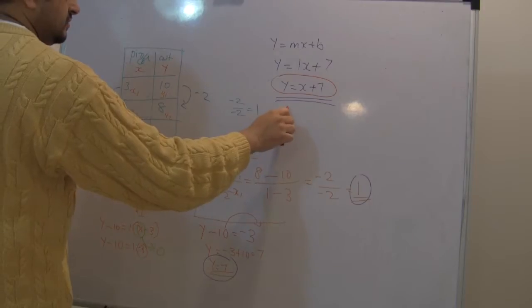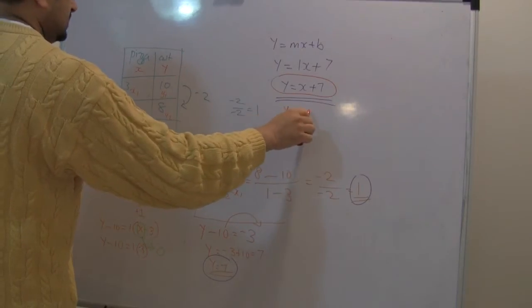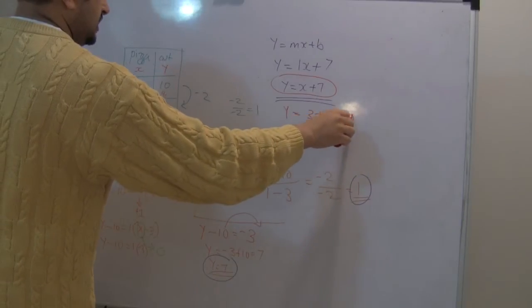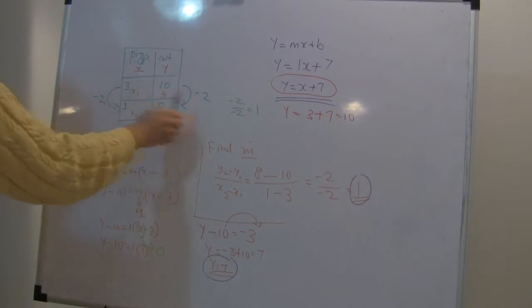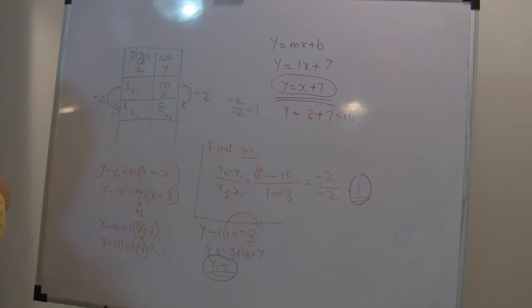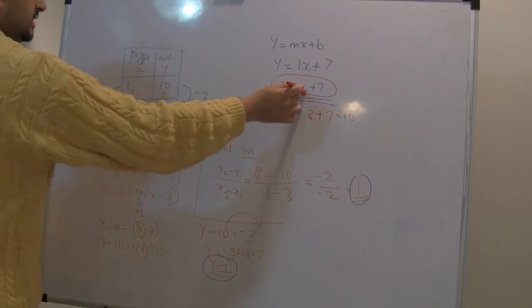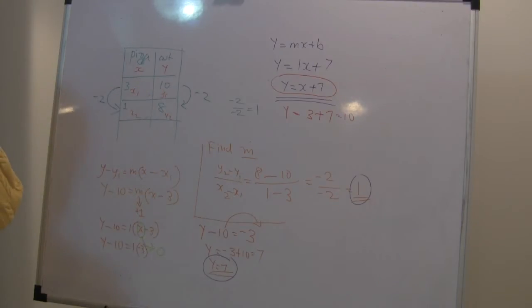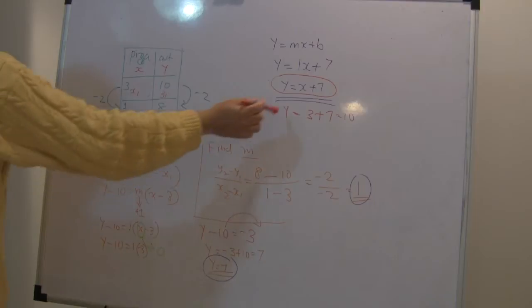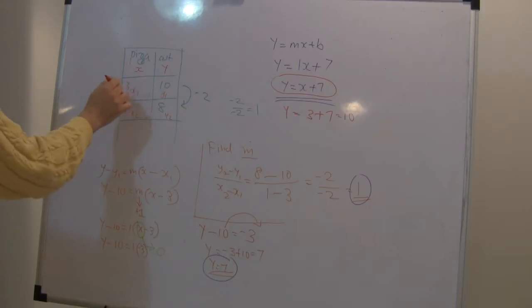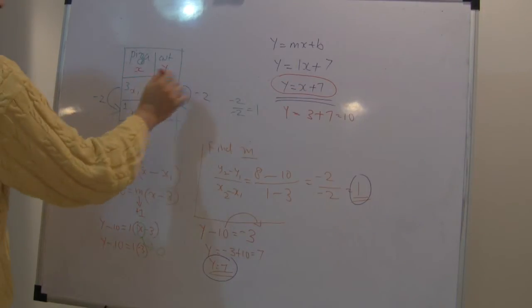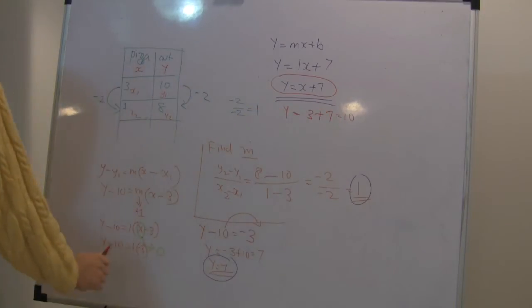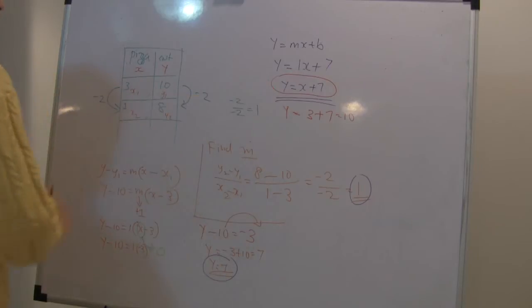Then you get y equals 3 plus 7, which is 10. So y equals 10. So this relationship is correct, because when we substitute x with 3, we get 10.